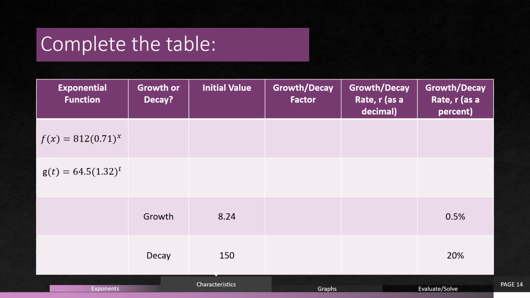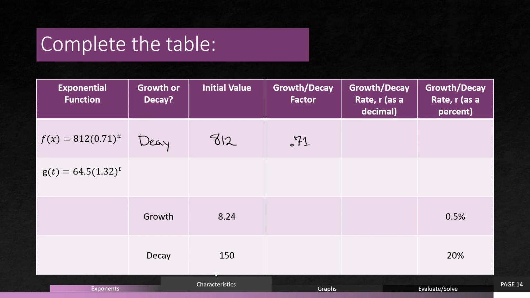So on here, the first one is f of x equals 812 times 0.71 to the x. If I'm looking at this, this is definitely less than 1, so it is a decay. The initial value is the one outside of parentheses. The growth or decay factor is that base part, that b value, and that is 0.71.